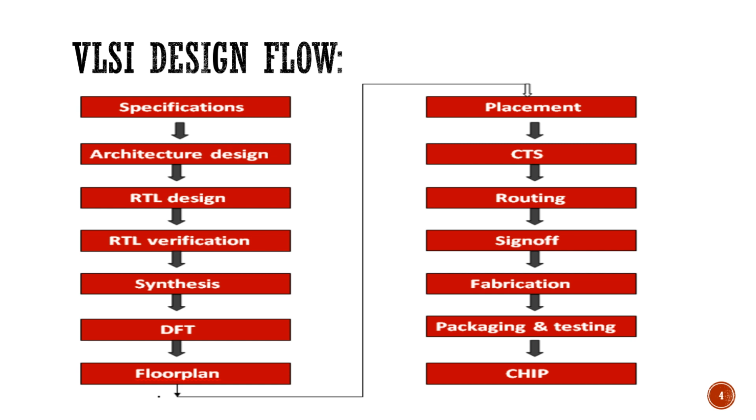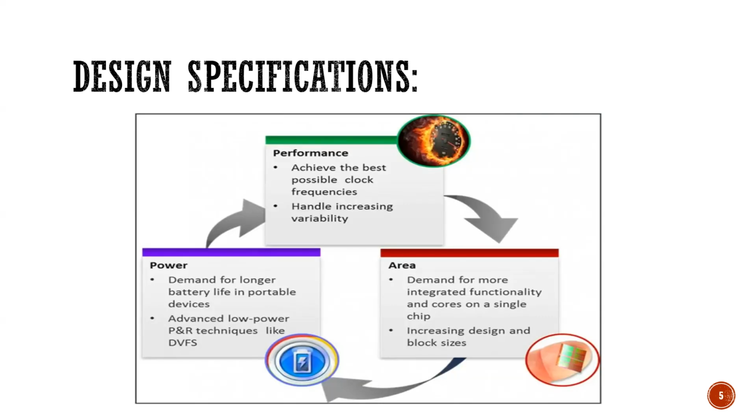So if I consider a customer, he would ask you to design a particular IC for a specification. So you need to design this specification concentrating on 3 different parameters. The 3 parameters that will be involved are area, power, and performance.